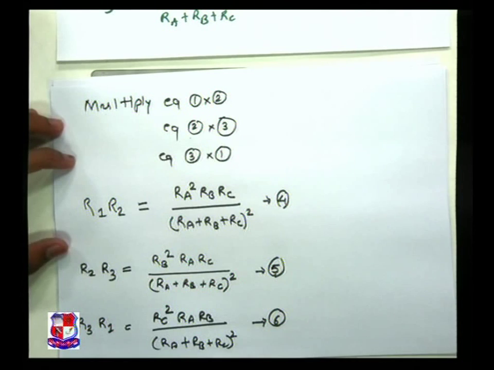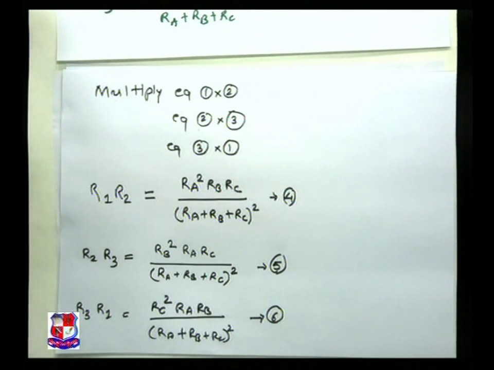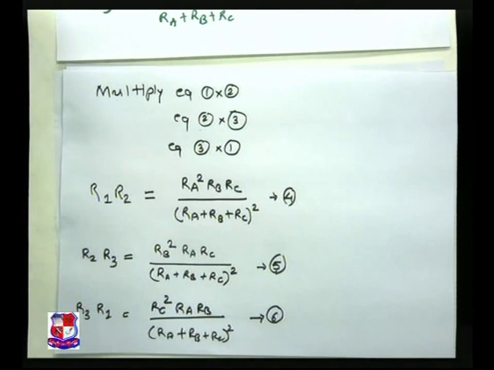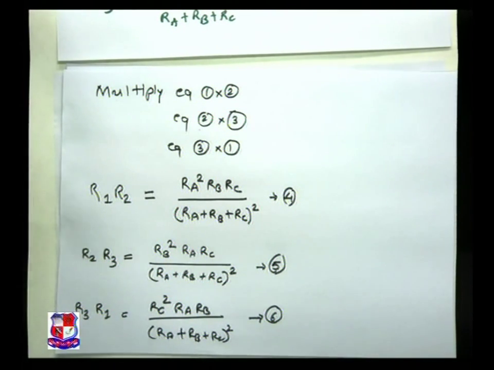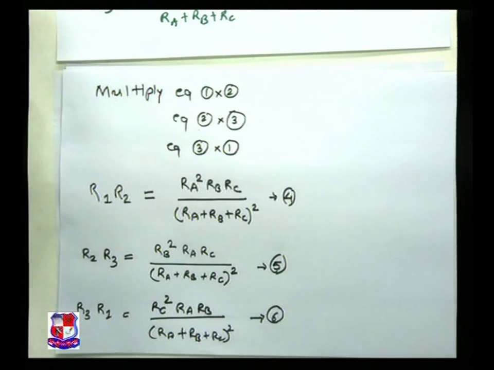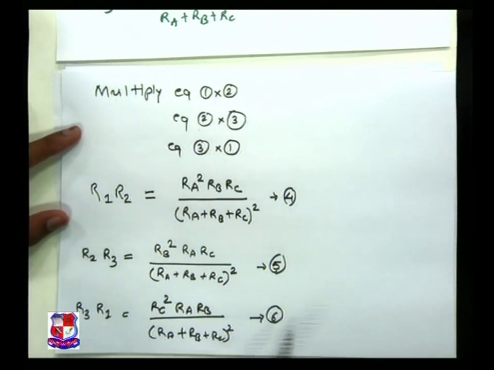So it is number 6. So in this technique we remember that we have to write down the 3 equations of R1, R2 and R3. Then we multiply 1 into 2, 2 into 3 and 3 into 1. That's why we get equations 4, 5 and 6.